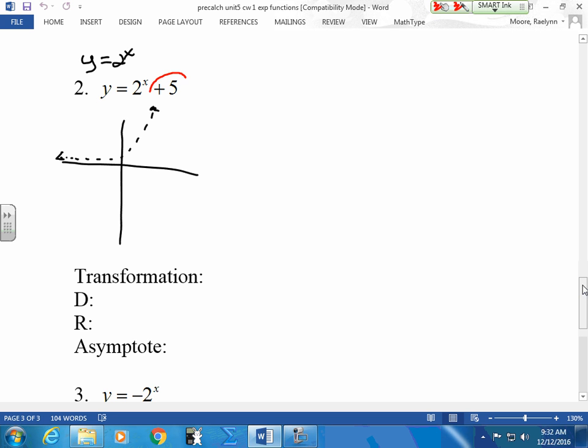What does this plus 5 do? Good. This is a vertical shift. Make sure you use the right words. Up 5 units. So the easiest way is to take this point, just so that you get a good feeling for this right now, and move this up 5 points.